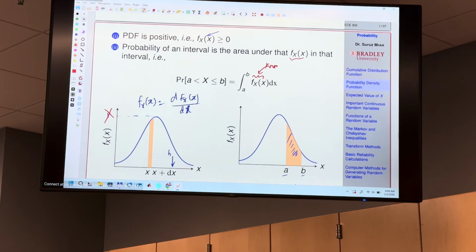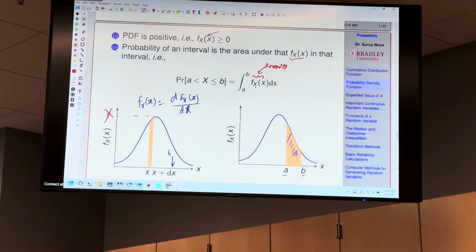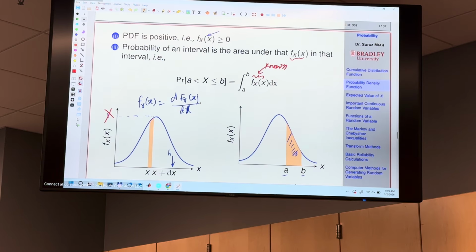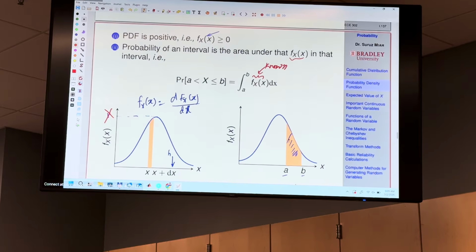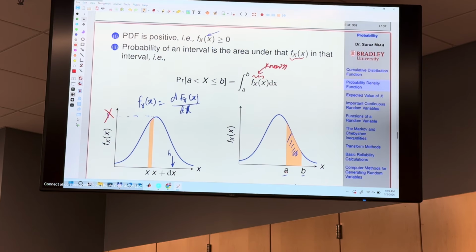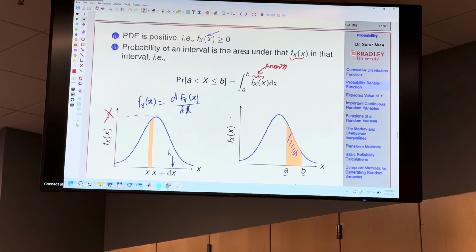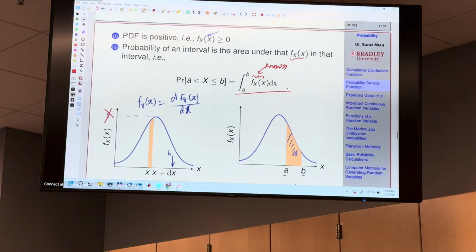If you know it, you can just integrate, and it is simply the area under the bell-shaped curve from limit a to b, where b is the upper limit and a is the lower limit. Again, this is also quite well known. This is where people make mistakes.